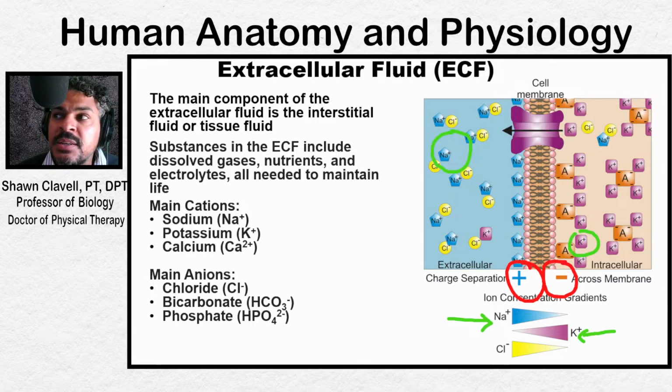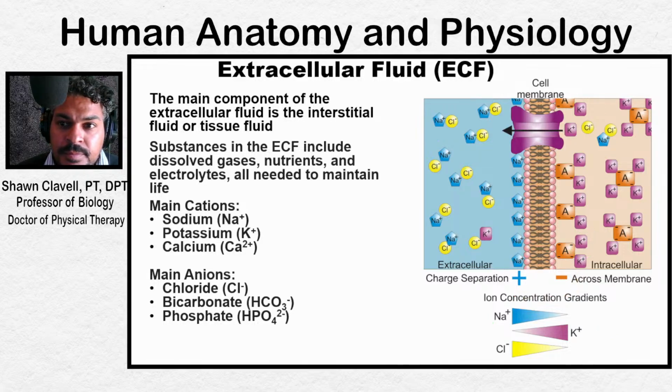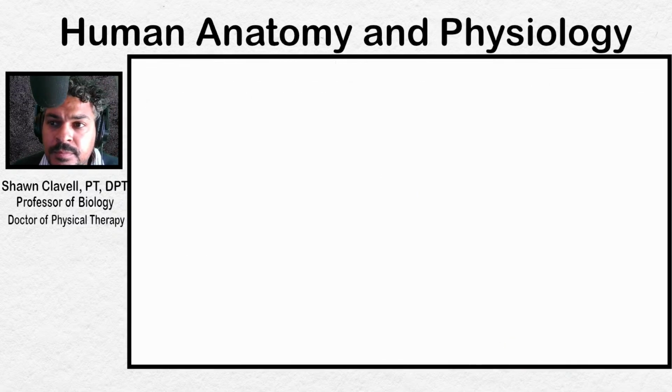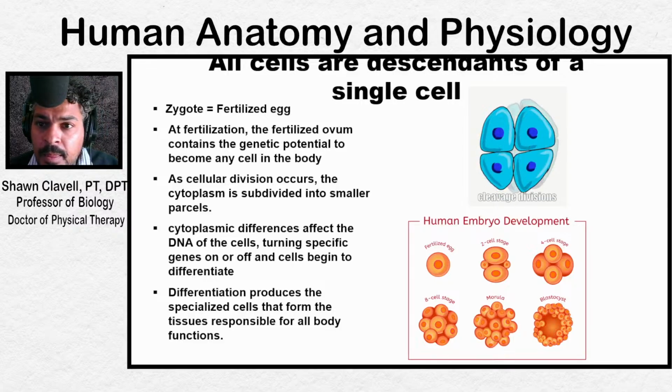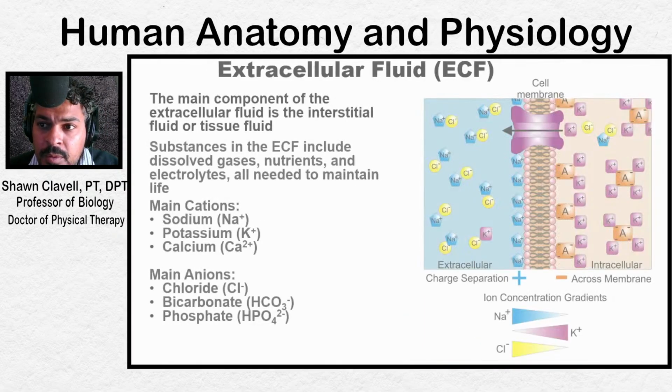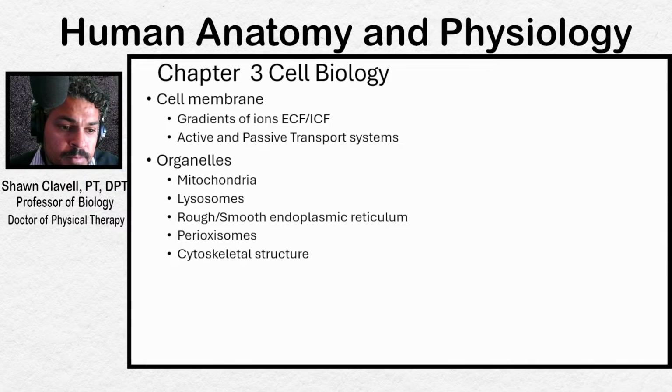So the outside of the cell is positive, the inside of the cell is negative. And so that's what I mean by the concentration gradients. I'll check that part off there, right? The concentration gradients of the inside and outside of the cell.